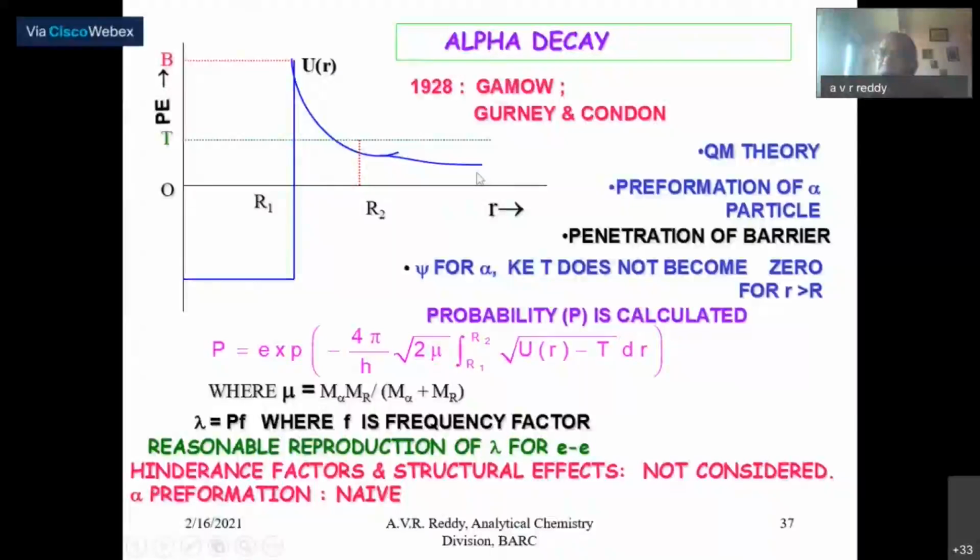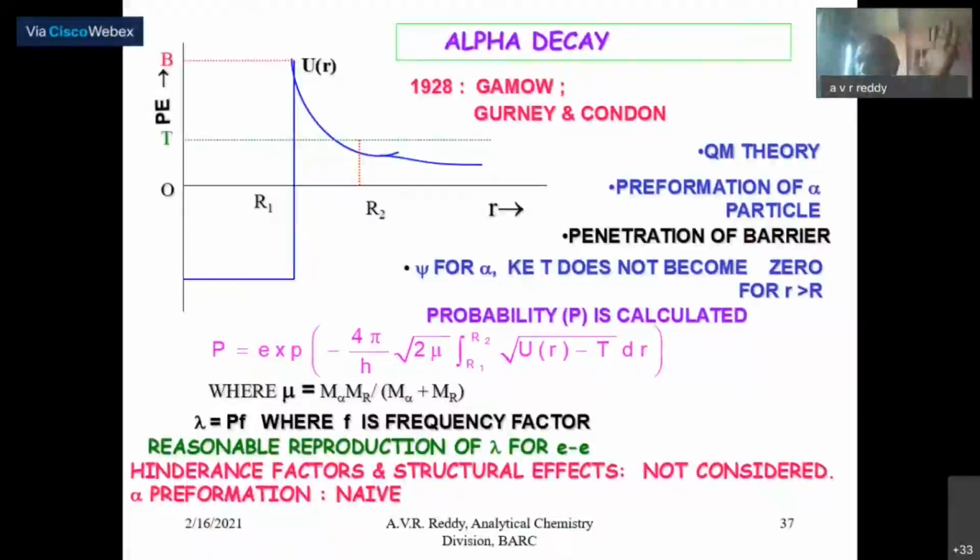As it approaches the nuclear dimension, it reaches a peak value, what we call the Coulombic barrier value, the highest repulsion. This value you see in some books as EC, in some books as UR, VR, it doesn't matter. The meaning is that there is a Coulombic repulsion when two charged particles come together.